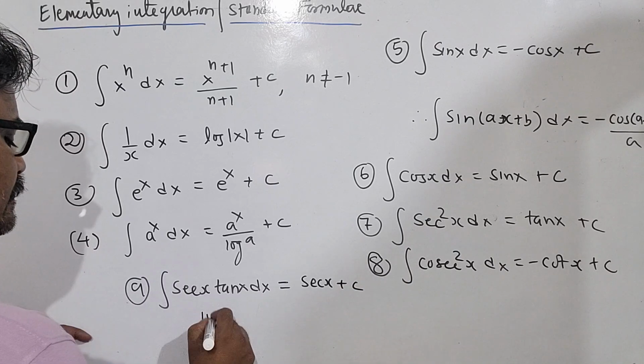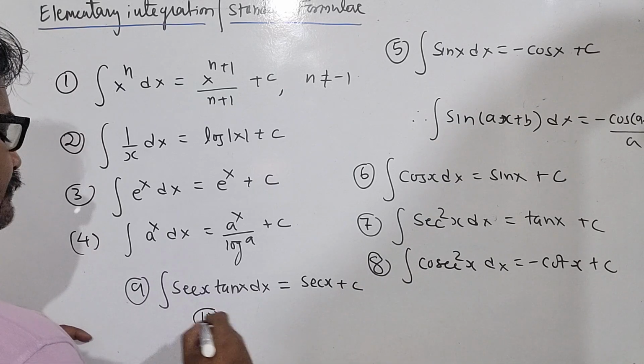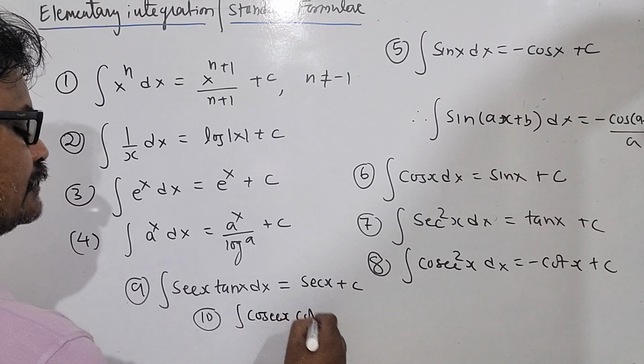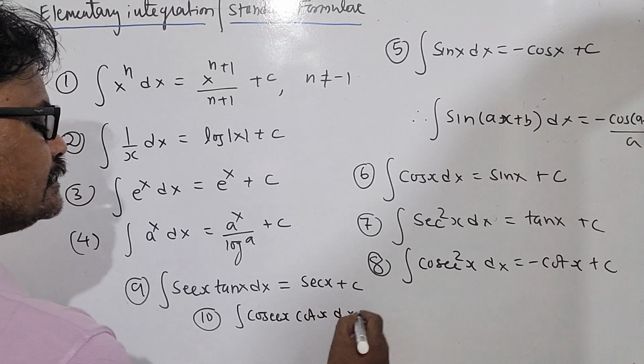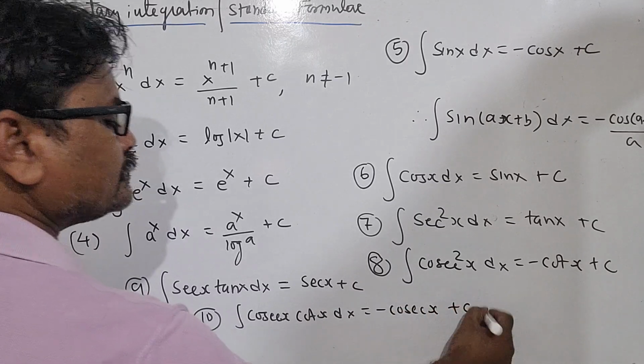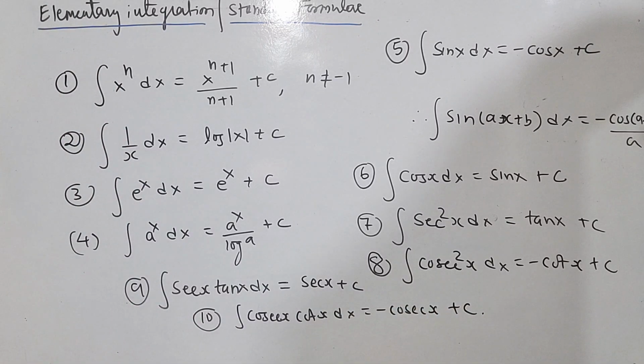And the tenth one, integration of cosec x into cot x dx is minus cosec x plus c. So these formulas we have on the basis of our basic knowledge of differentiation.